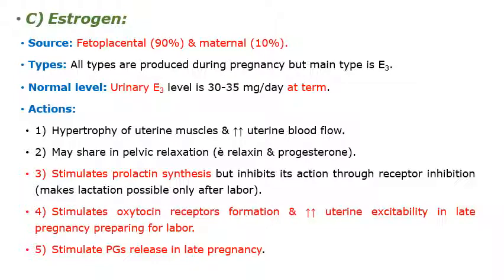Estrogen, during pregnancy, is mainly secreted by the fetoplacental unit, which is 90%, and that's why the main one is estriol. The end product is urinary estriol, at a level of 30 to 35 milligrams per deciliter.